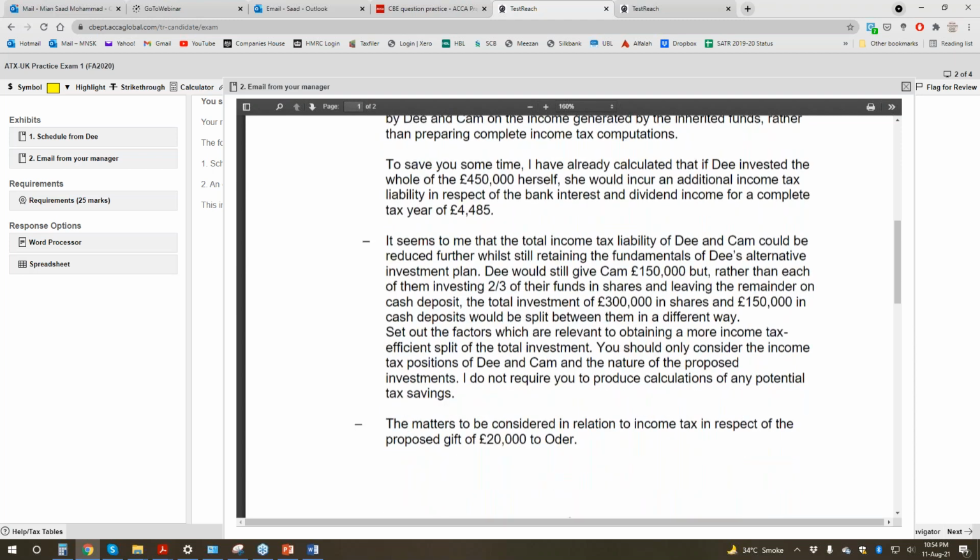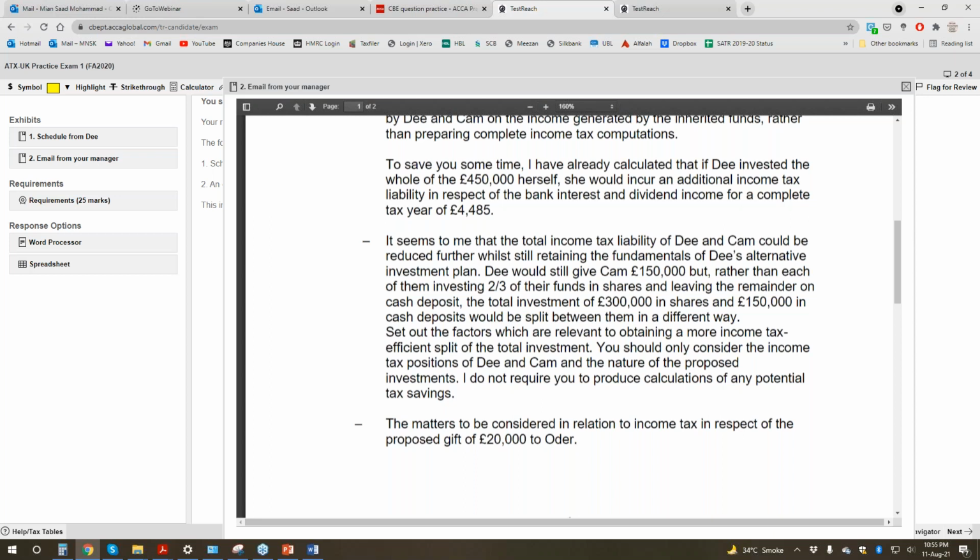It seems to me that the total income tax liability of D and CAM could be reduced further, while still retaining the fundamentals of D's alternative plan. D would still give CAM 150, but rather than each of them investing two-thirds of their funds and leaving the remainder in cash deposit, the total investment of 300 in shares and 150 in cash deposit will be split between them in a different way.